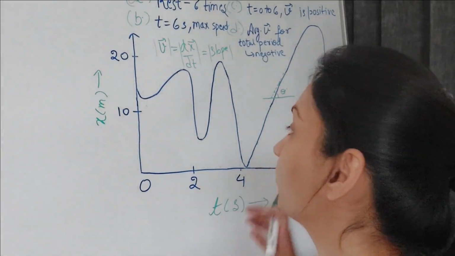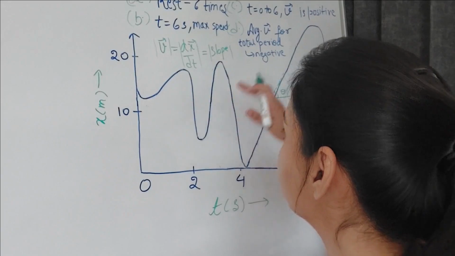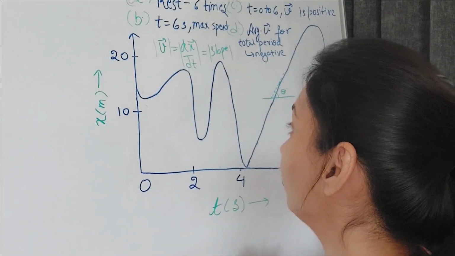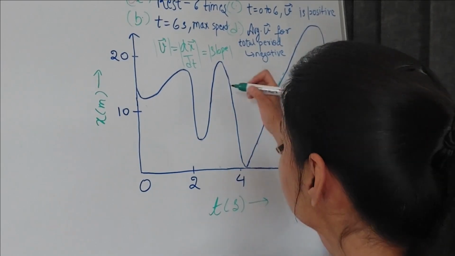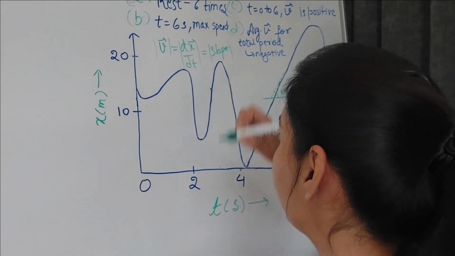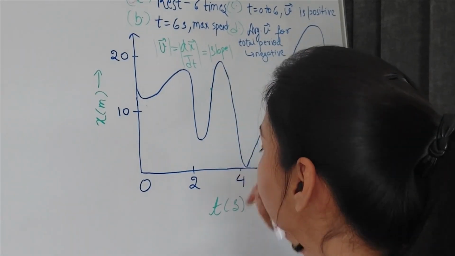Let this angle be theta, that is the angle it is forming with the horizontal axis. Now I have to check whether this is the maximum slope that I can obtain on this graph. For this, I will be looking at some other points on this graph. For example, say I choose this point at around 3 seconds.